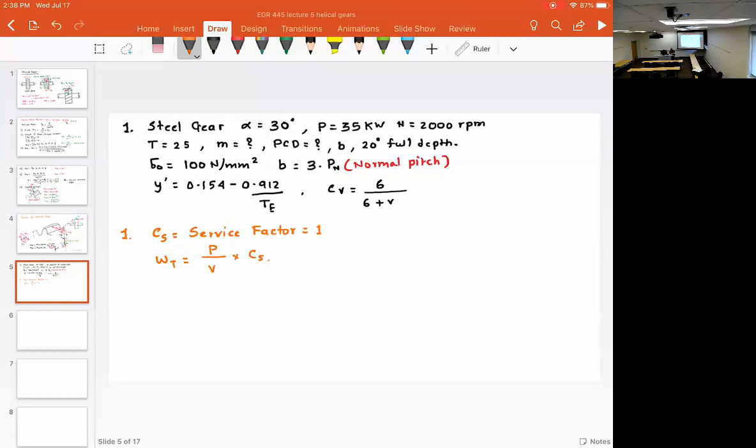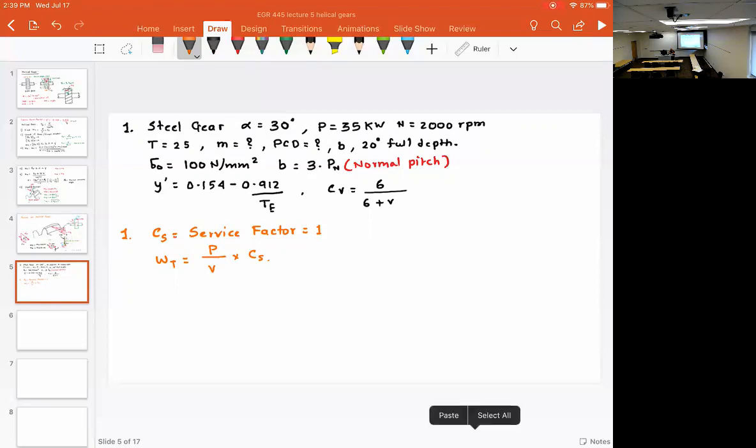Now the question is, how do we find out the value of v? Now the value of v is dependent on the pitch circle diameter.